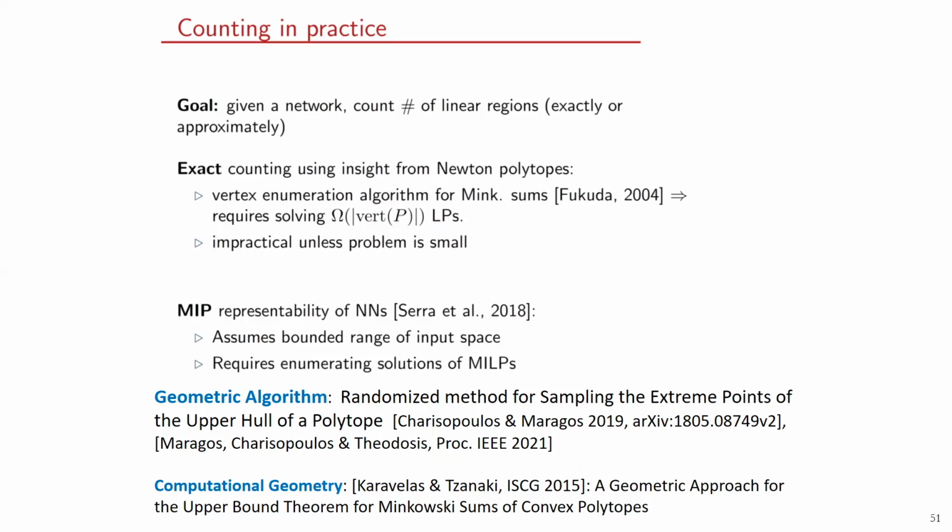In our recent work, we have come up with a randomized geometric algorithm to sample the extreme points of the upper half of a polytope. And there are also works in other fields, let's say in the field of computational geometry. There are other works that deal with similar problems, although not motivated by machine learning.